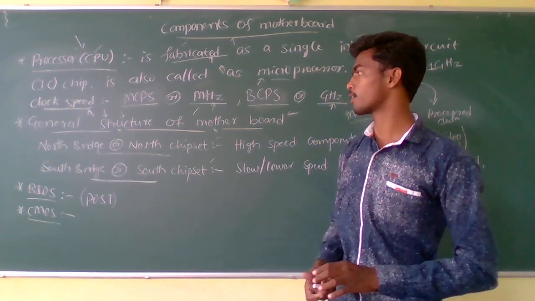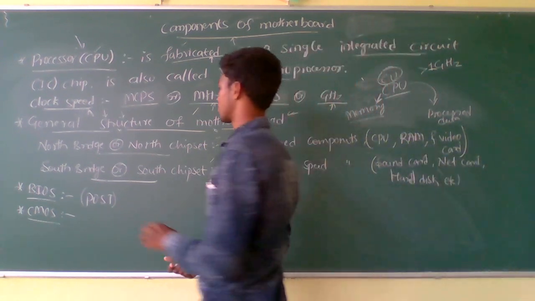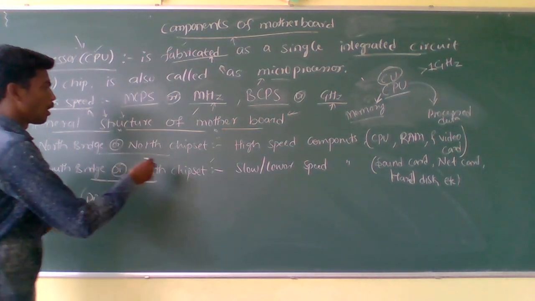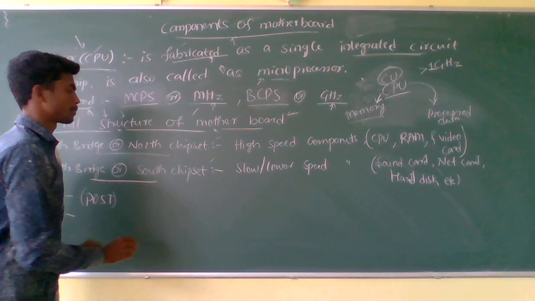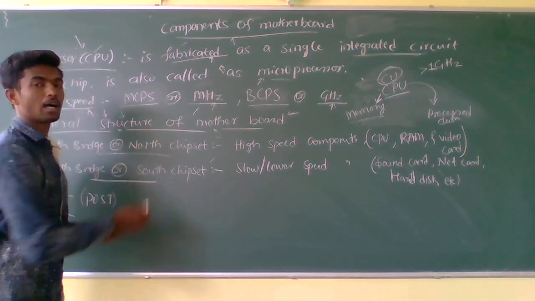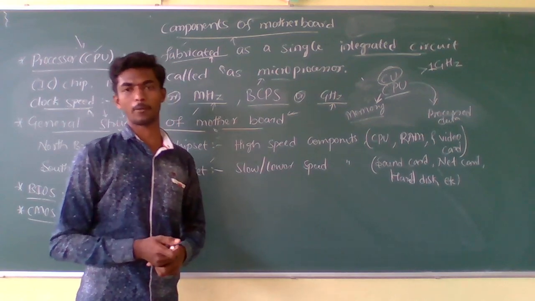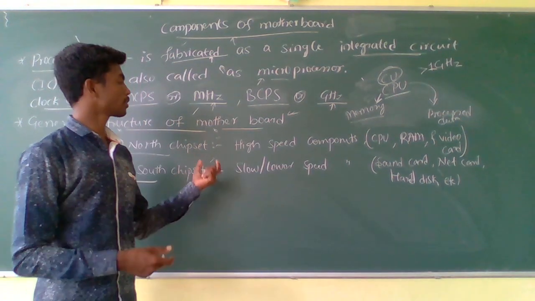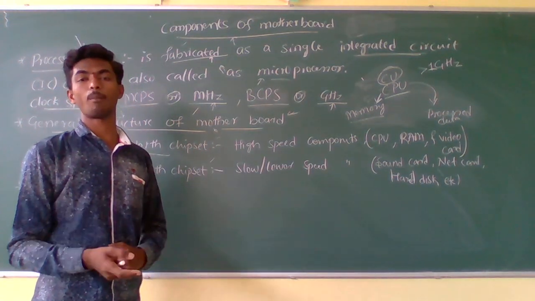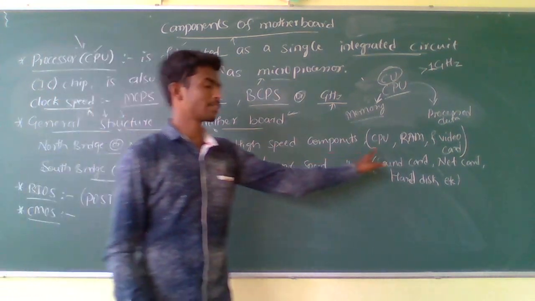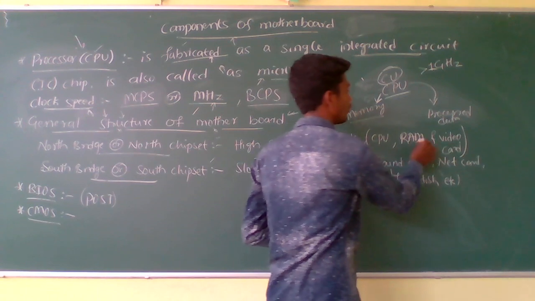What do the north bridge, or north chipset, and the south bridge, or south chipset, mean? The north bridge or north chipset deals with the high speed components mounted on the motherboard, like the CPU, RAM and video card.